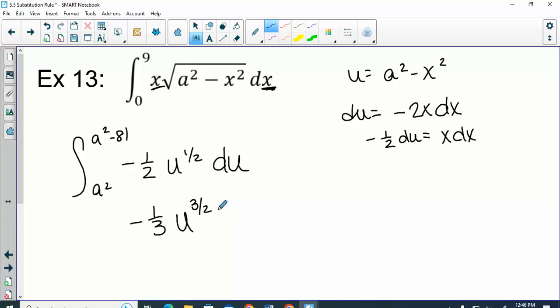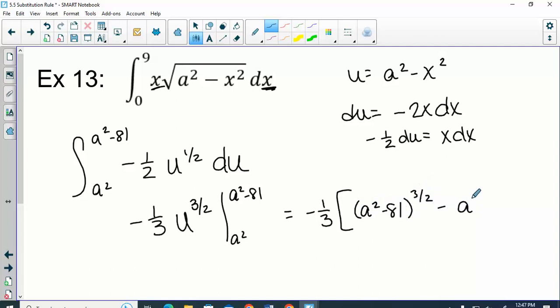Negative 1/3. Negative 1/3 a squared minus 81 to the 3 halves minus a squared to the 3 halves.